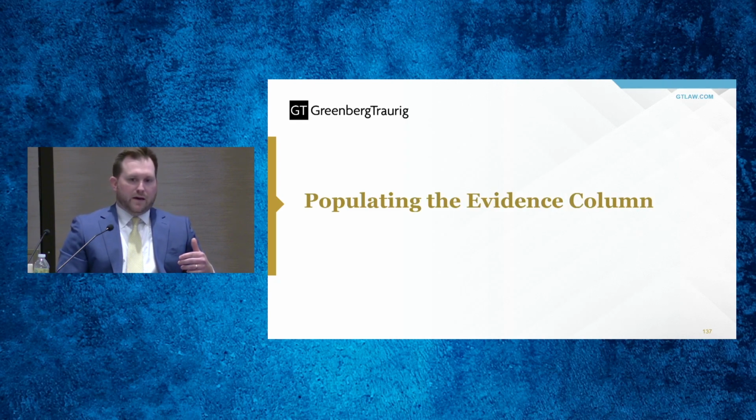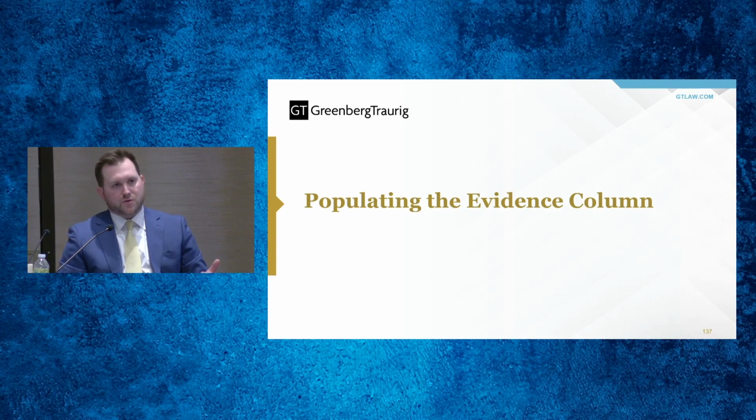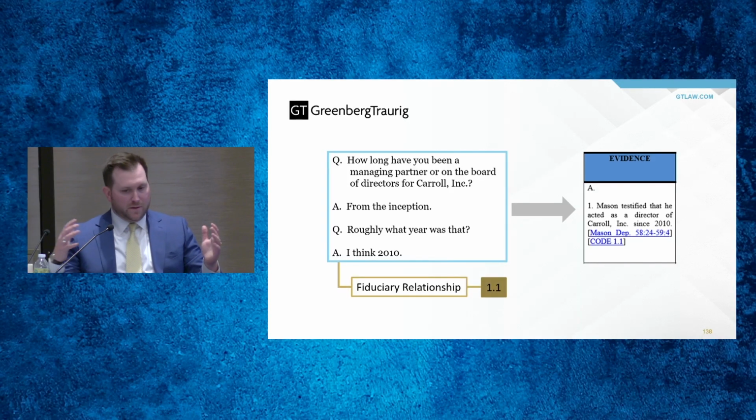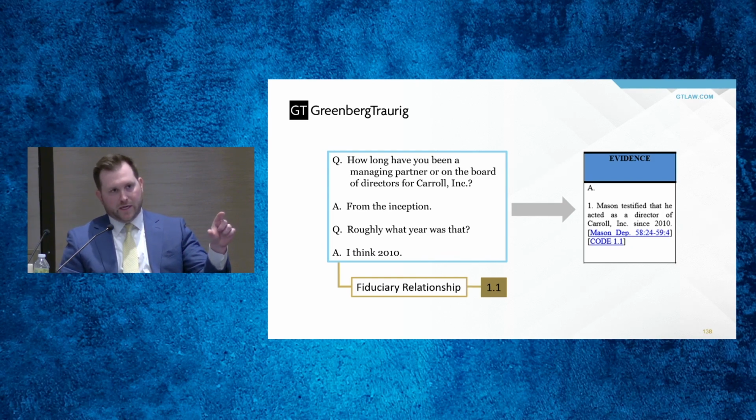So once you have done the issue codes, you've gone in, you're reviewing your evidence, you're coding your evidence, you're tagging it, then you've got to take the next step to get it into the trial plan. And the way that we do that, we looked at the master, but the trial plan has an evidence column, right? And you've got each row matched up to each element and each sub-element and each factor.